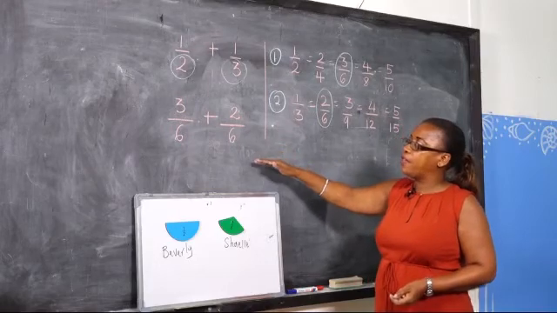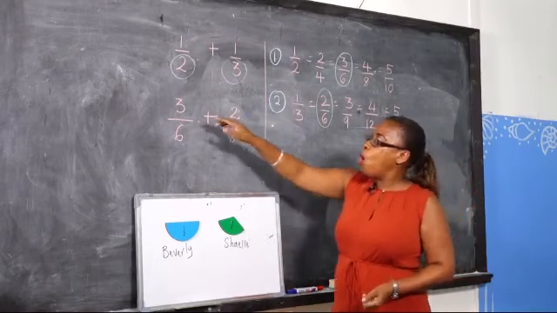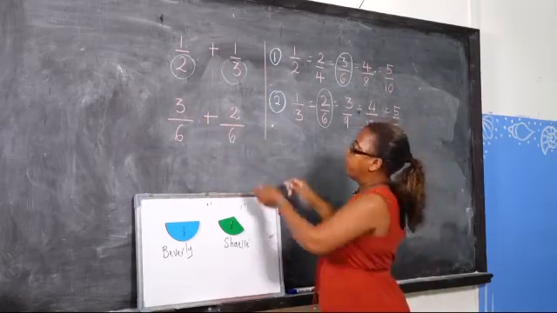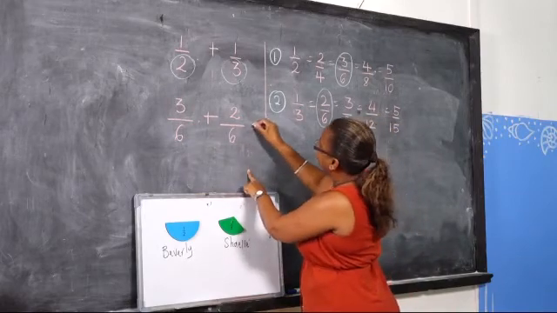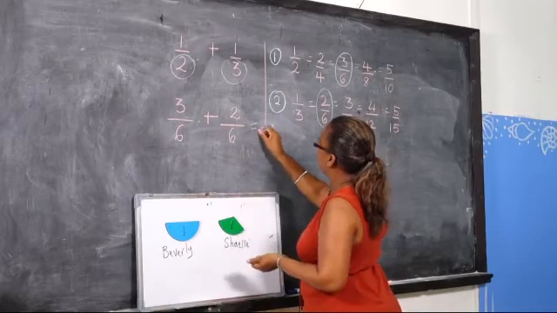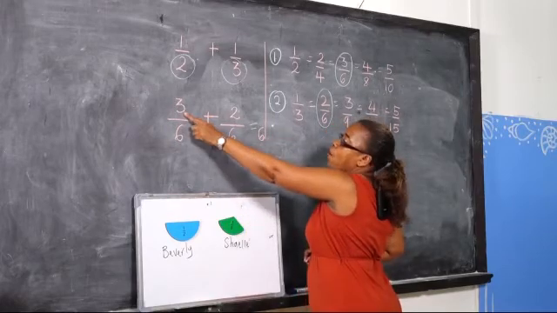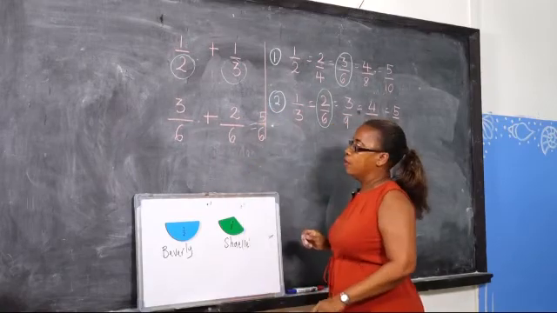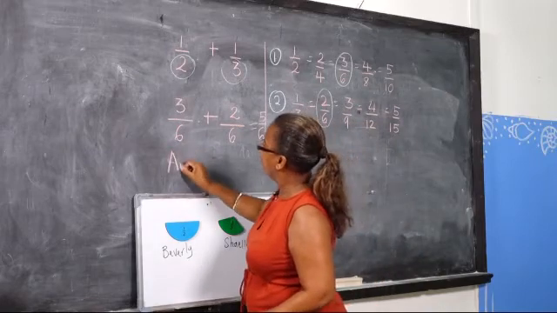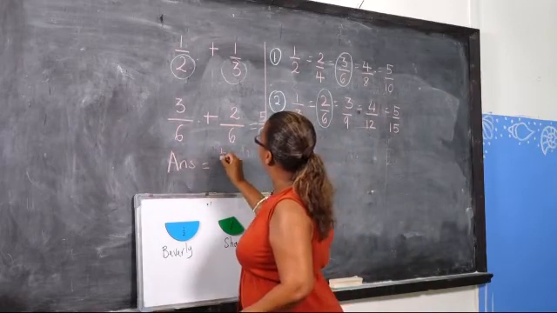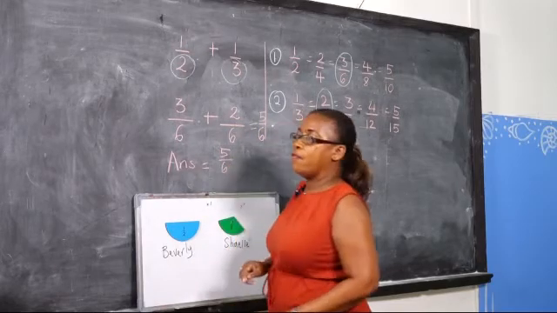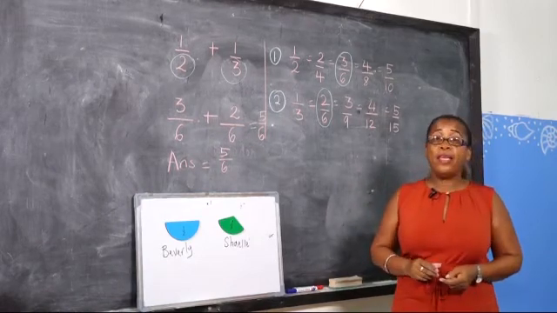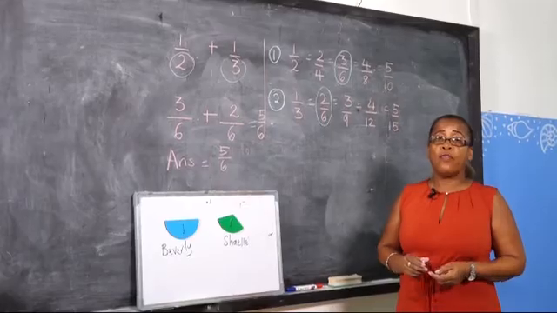And remember, we have said that when we add fractions, we always add the numerators, the number at the top. Therefore, 6 here remains as 6. Okay? So 3 add 2 equal 5 sixths. So the answer equal 5 sixths. Therefore, Charles and Beverly, they ate 5 sixths of their chocolates.